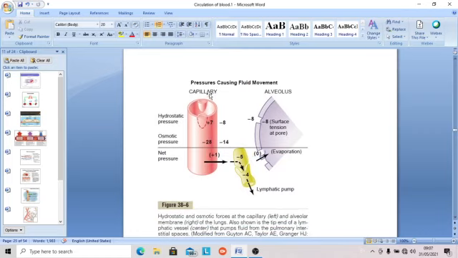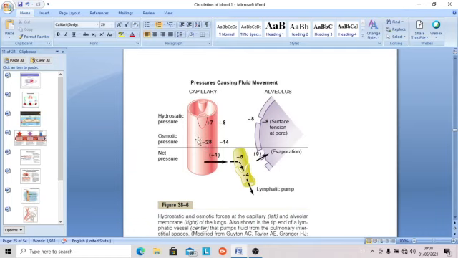This is how fluid behavior occurs at various pores: because of the -8 surface tension here, and here the hydrostatic pressure and the osmotic pressure. In the pulmonary capillary, the hydrostatic pressure, the blood pressure in the capillary, at the artery end is slightly less compared to the systemic capillary. This is +7, and the osmotic pressure is -28.